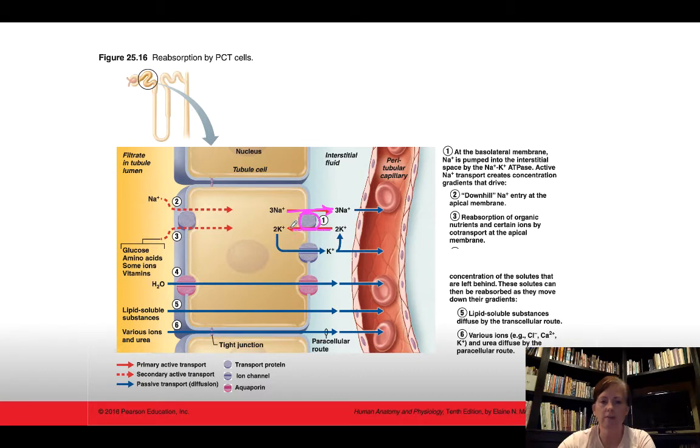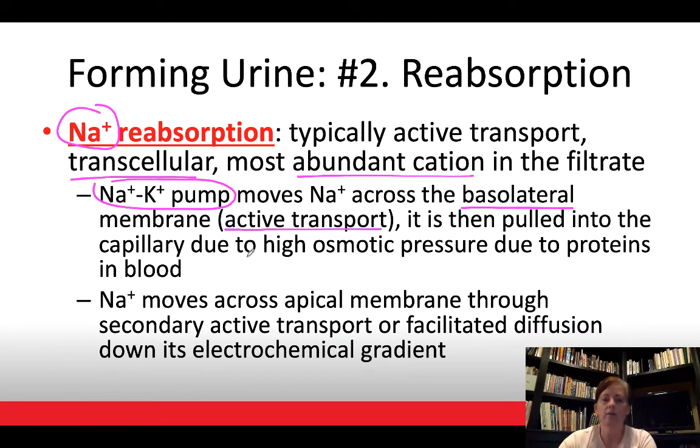Here's our 2 potassiums that are being brought back in as a result of our sodium-potassium pump. And so what we have at this point is sodium that's being ejected from the cell. It's going to travel through the interstitial fluid, and then it's going to enter the capillary due to osmotic pressure in the capillary itself, because the capillary contains proteins in the plasma that didn't get filtered through, because of the filtration membrane.